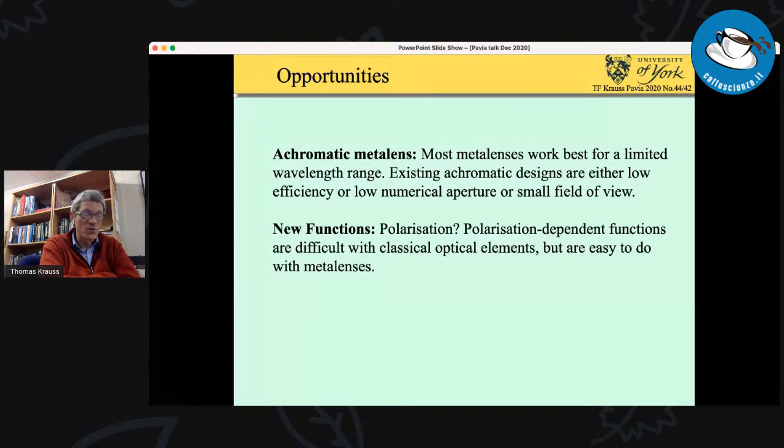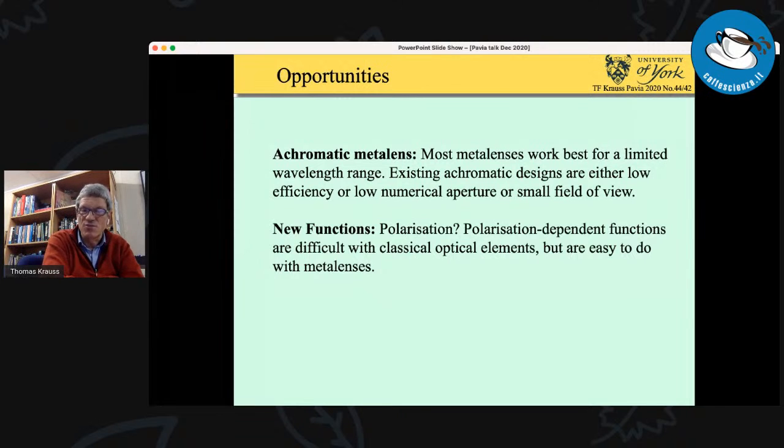And also, we should think more about things we cannot do with normal optics. Polarization is certainly one thing. Polarization-dependent functions are difficult to do with classical elements. You need to use birefringent materials, which are difficult, but it's easy to implement here, as, for example, shown with the PB phase profile. So I'll leave you with these thoughts, and I look forward to your questions.